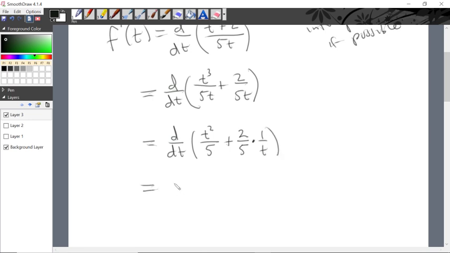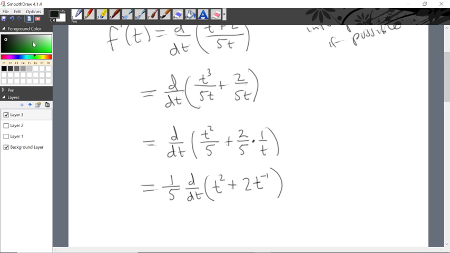Write these as power terms now. Well, I noticed one thing. I have a 5 in the denominator, and I can factor out the 5. But it's in the denominator, so this is a 1/5. So we have 1/5 times the derivative of t squared, which is a power term, plus 2, and now, writing this as a power term, we have t to the negative 1.